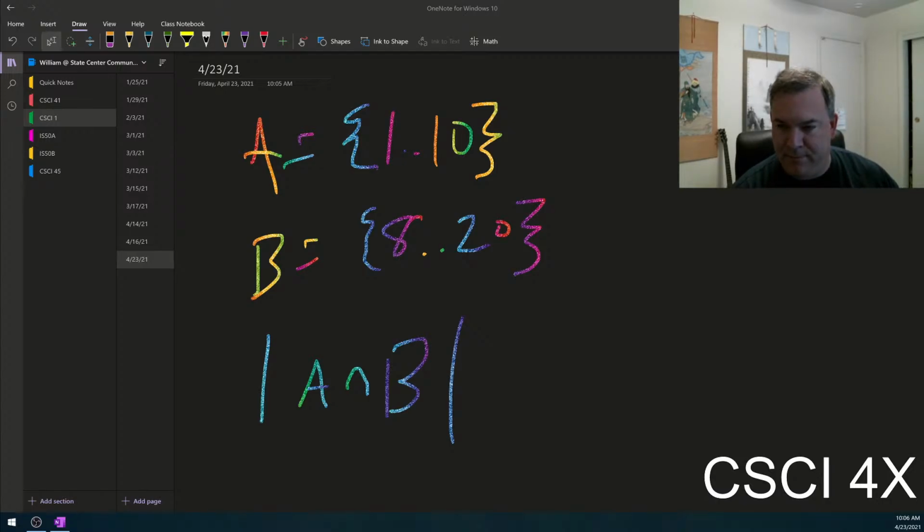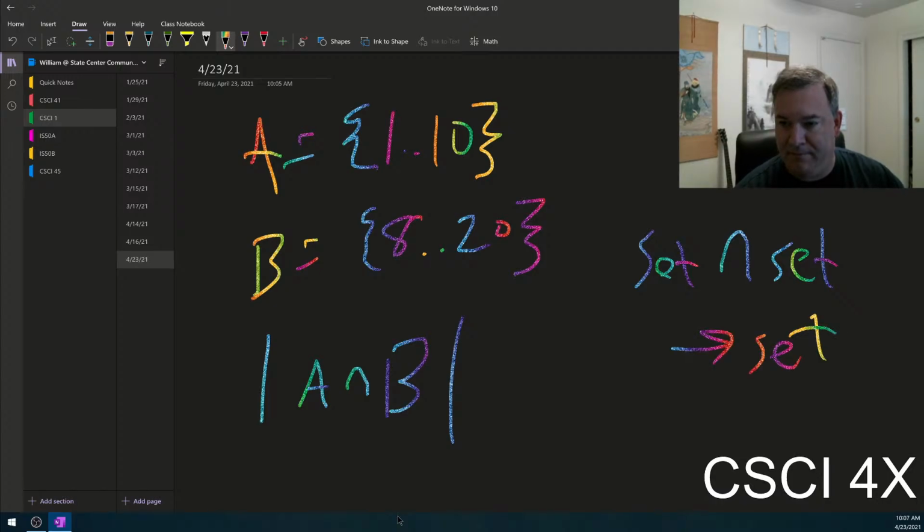Intersection means we are creating a new set. Whenever you do intersection between one set and another set, you get another set. So intersection provides a new set, and that set is made of everyone in common.